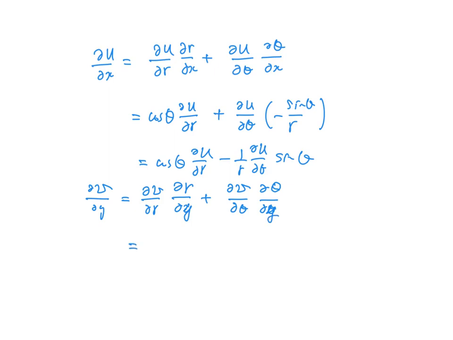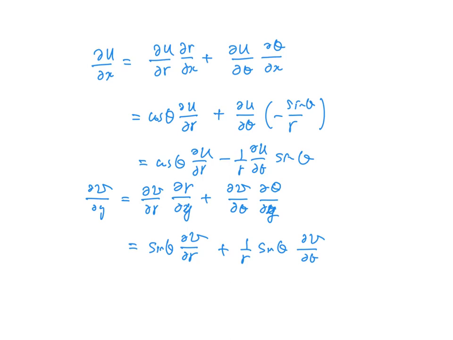So that is sine theta, partial v, partial r, plus 1 over r, cosine theta, partial v, partial theta.